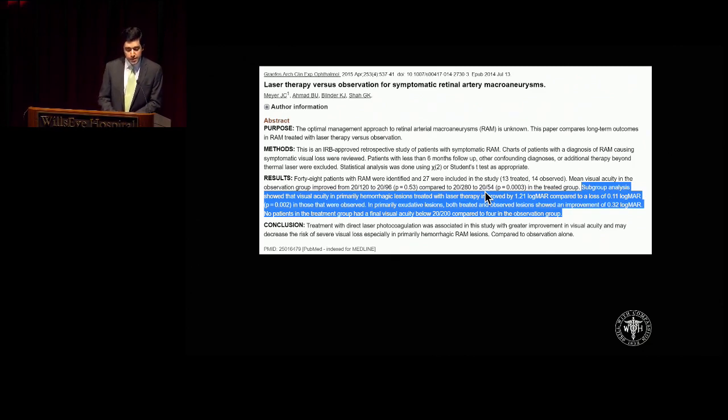comparing laser treatment to the observation group. There was a subgroup analysis which compared patients who had primarily hemorrhagic lesions versus those who had exudative lesions, showing that patients with hemorrhagic lesions tend to do better in regard to visual acuity gain, whereas for those with exudative lesions, there was no difference between the two treatments.